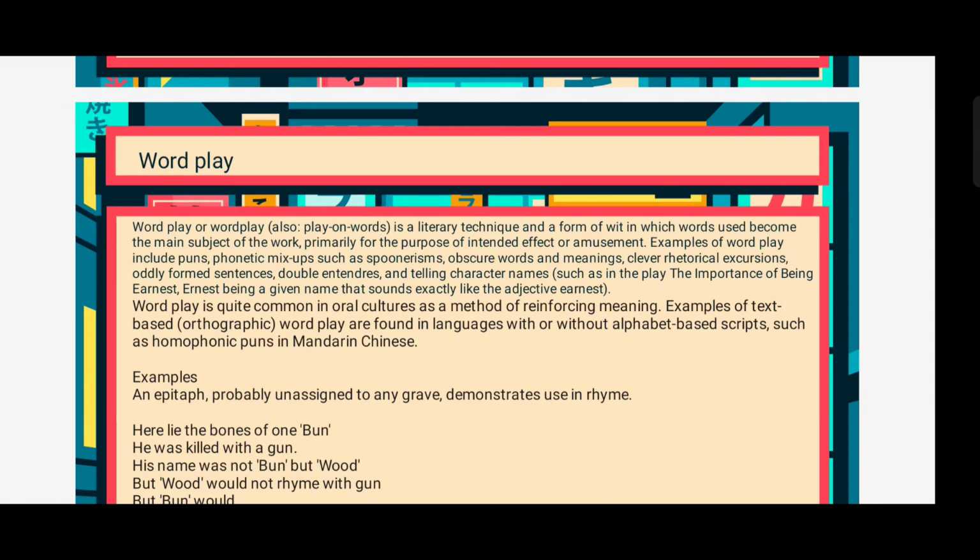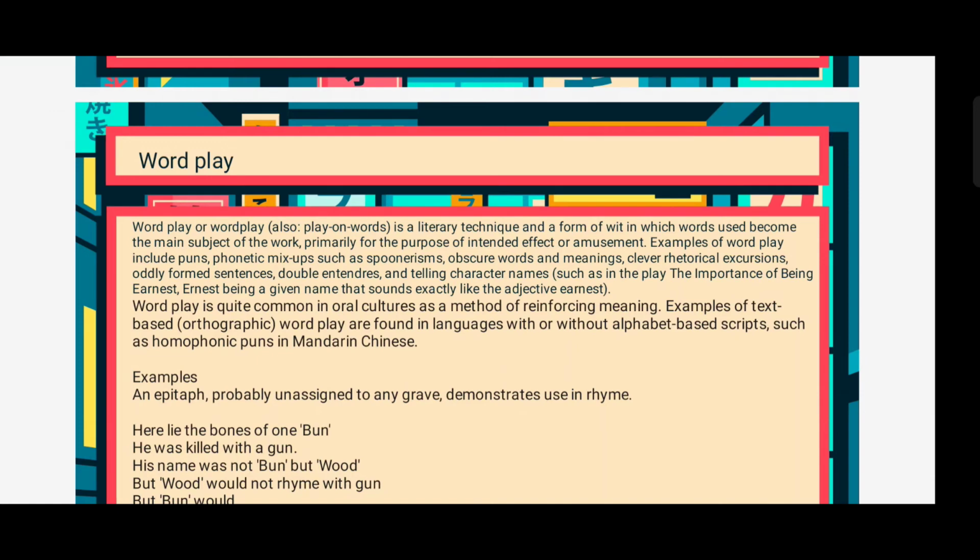Examples of wordplay include puns, phonetic mix-ups such as spoonerisms, and obscure words and meanings, clever rhetorical excursions, form sentences, double entendres, and telling character names, like in The Importance of Being Earnest, Earnest being a given name that sounds exactly like the adjective earnest.